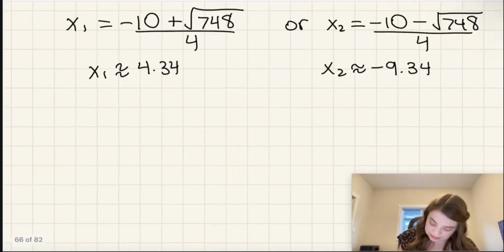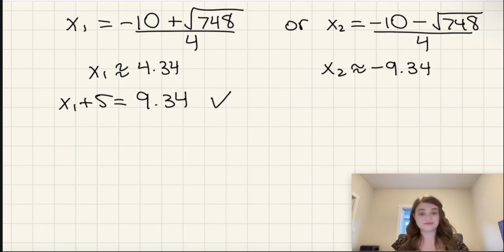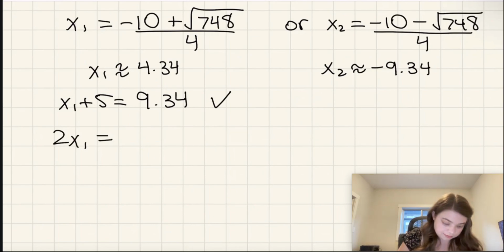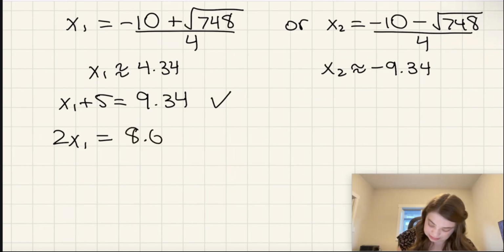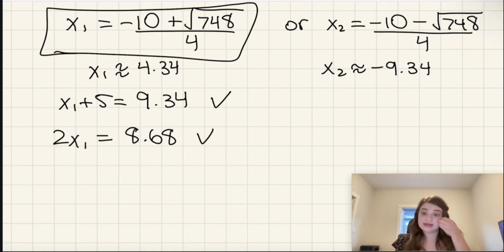Okay, so x1 plus 5 is equal to 9.34, and that is a positive number, and so we're good there. And then 2 times x1 is equal to 4.34 times 2, which is 8.68, which is also positive. Therefore, this answer here, x1, is indeed a real answer.